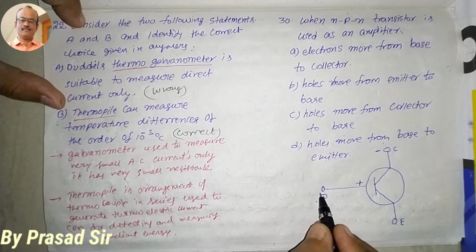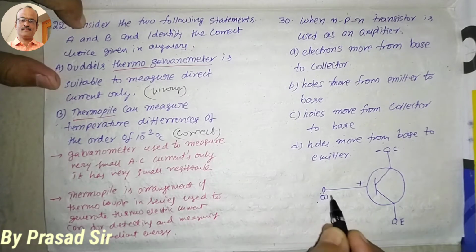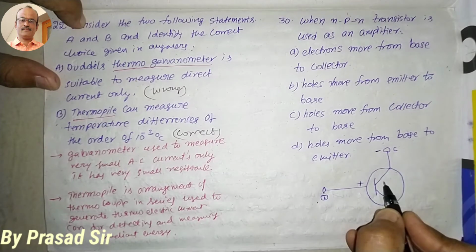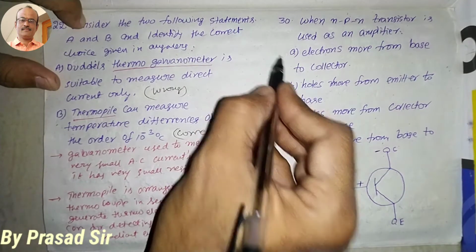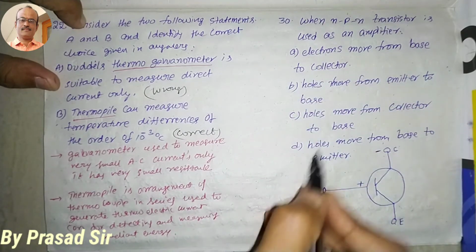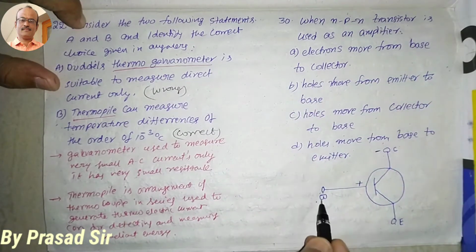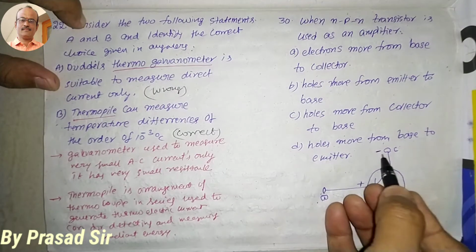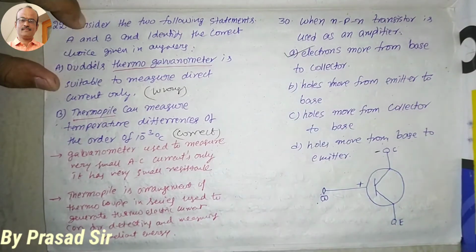If the base is taken as positive, the electrons move from base to the collector itself. That's why I drew the diagram like this. Which option is correct here? Electrons are moved from base to collector. Why from base to collector? If the base is given as positive, the electrons move from base to the collector. So option A is correct.